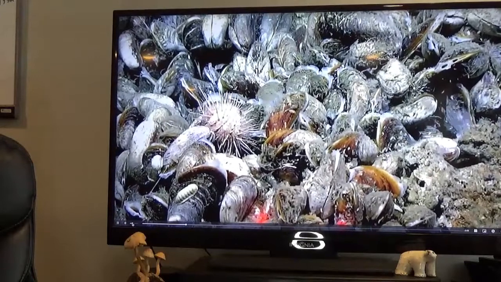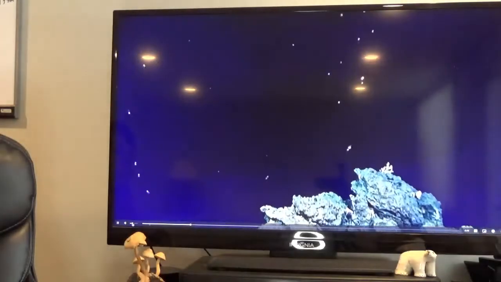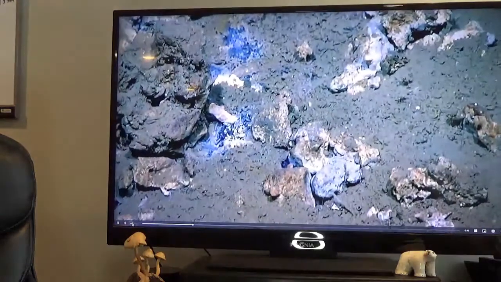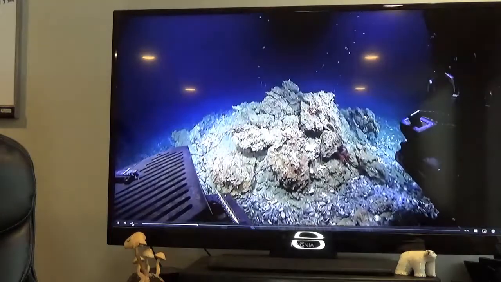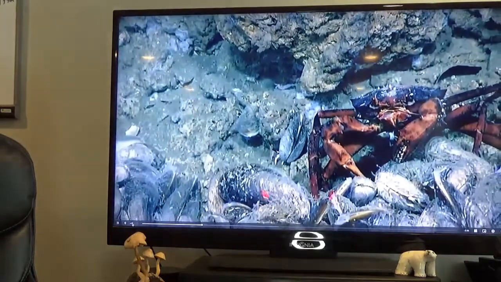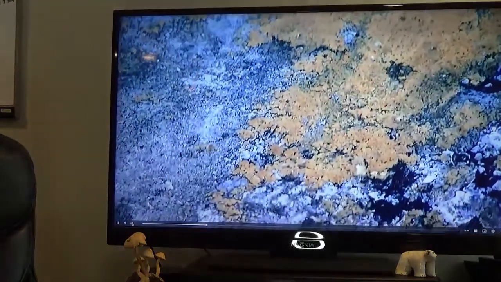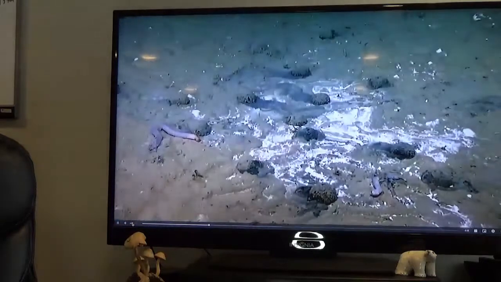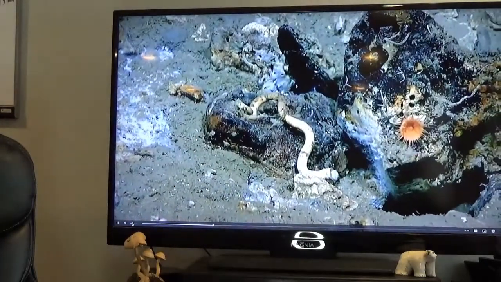And that is from these chemical-rich fluids such as methane and also hydrogen sulfide that leak out of the seafloor from fissures that have been formed by tectonic activity. And instead of there being plants, there are bacteria which act as the primary producers, and they utilize this chemical energy in a process known as chemosynthesis rather than photosynthesis, which is pretty amazing.